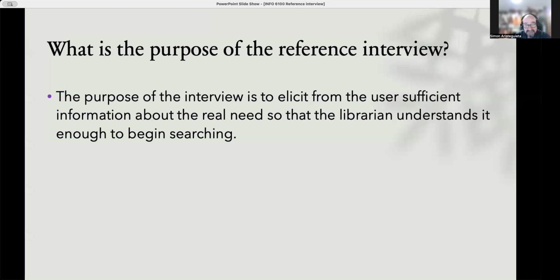As I have said many times, to me, this is at the heart of librarianship. Being able to understand the information needs of the user so they can get to the information that they are looking for. And that, of course, will address the information needs.